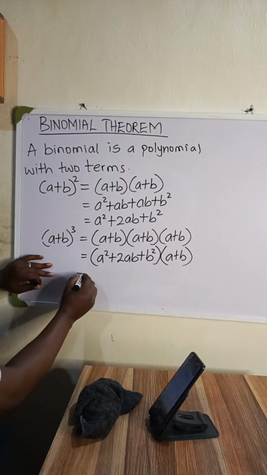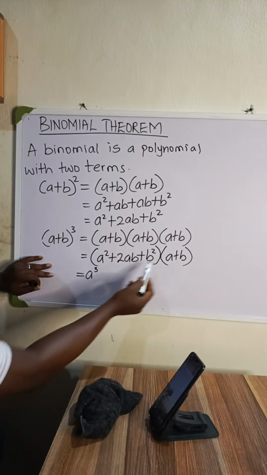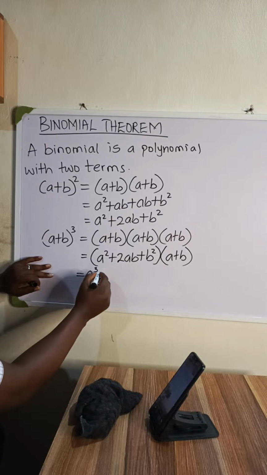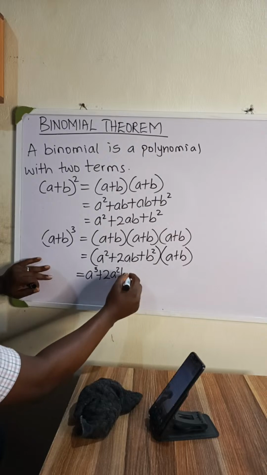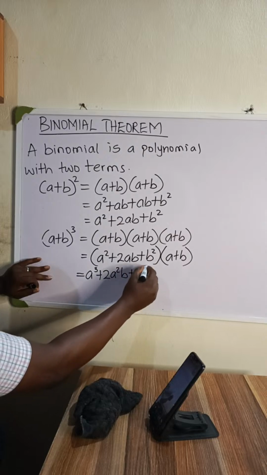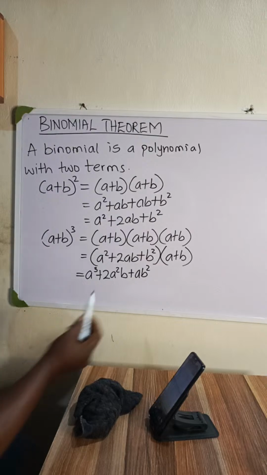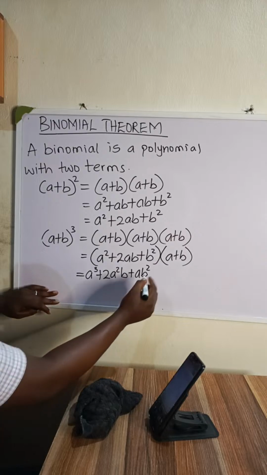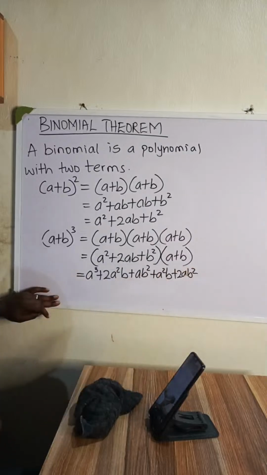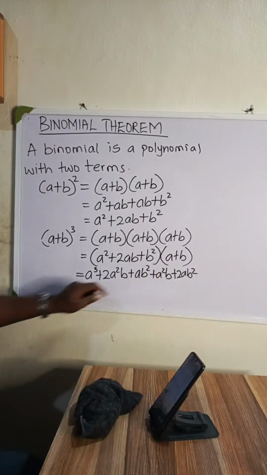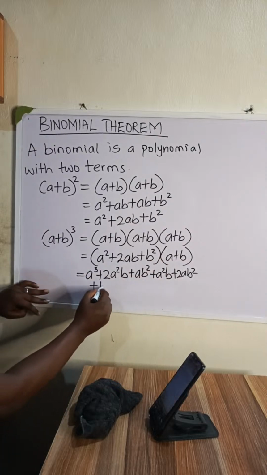So that means we have a squared times a will give us a cubed. a times 2ab will give us plus 2a squared b. a times b squared will give us plus ab squared, right? And then b times a squared will give us a squared b, b times 2ab will give us 2ab squared, and b times b squared will give us b cubed. So I'm going to write it here plus b cubed.